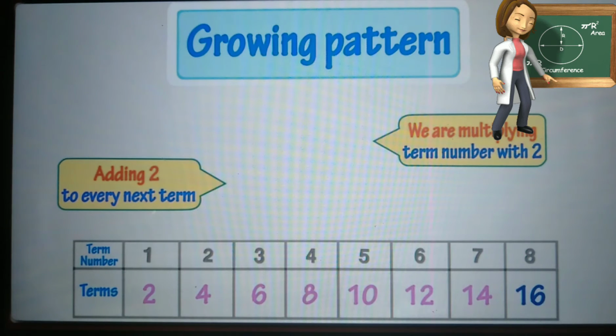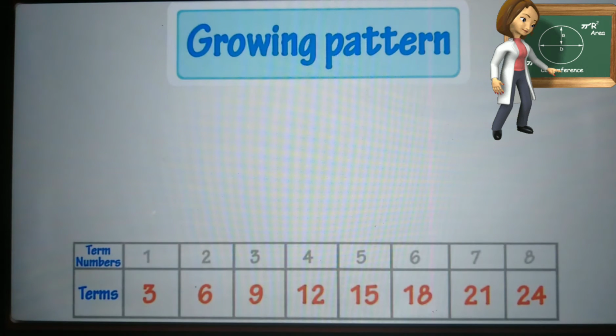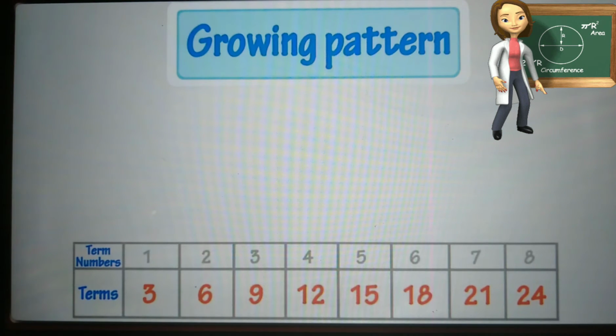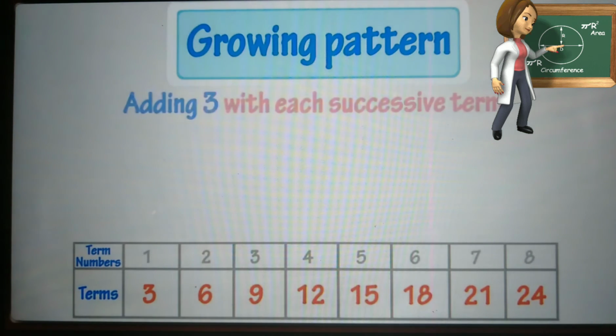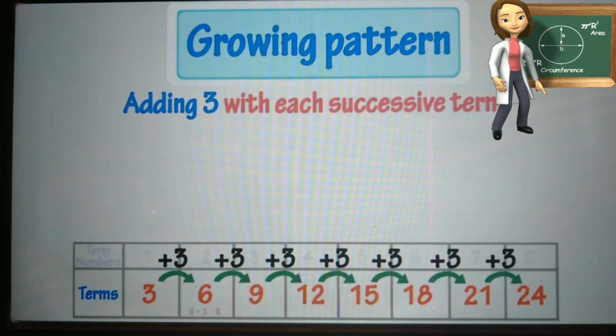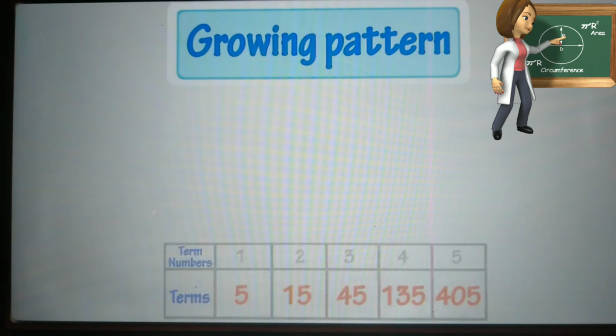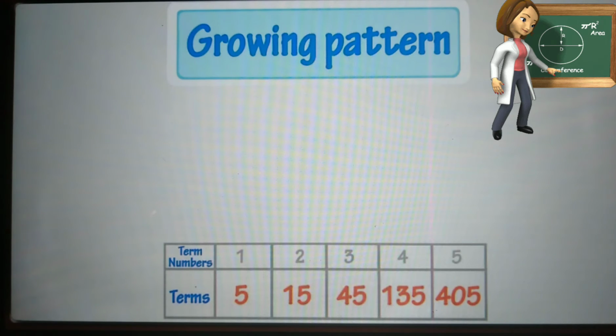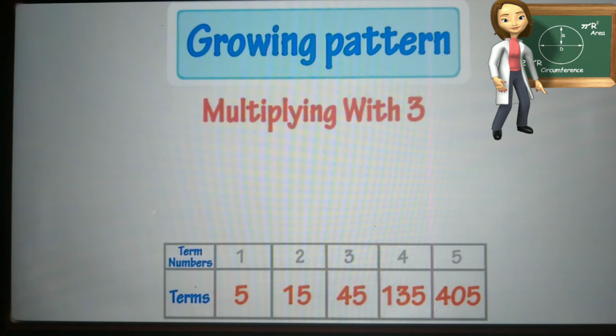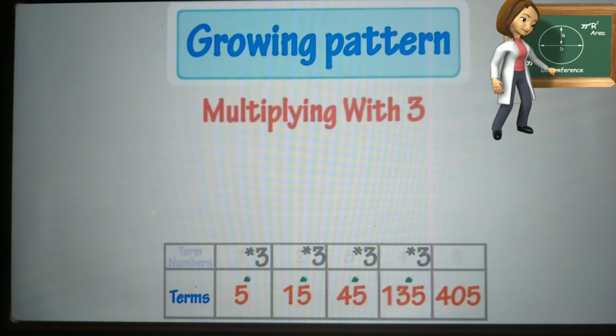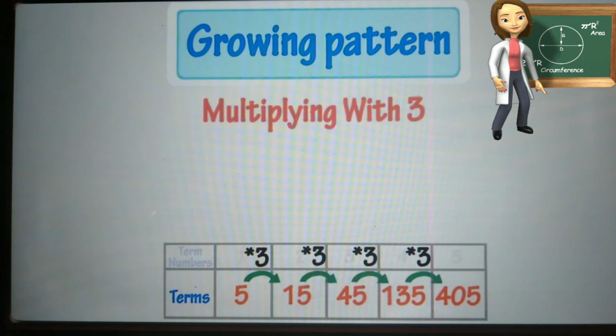Now, let's look at more examples of growing patterns. This is an example of a growing pattern. Here we are adding 3 with each successive term. Here is another growing pattern. Here we are multiplying with 3. The first term is 5.